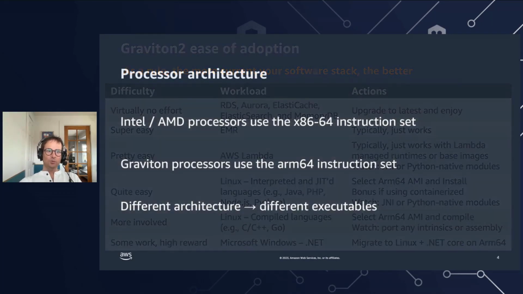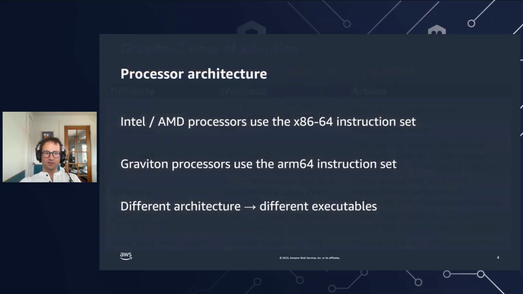Before I explain you why, let's take another step back and talk about processor architecture. You've probably been using Intel or AMD processors for like the last 15, maybe 20 years. Those processors do use the x86 and the 64-bit version of it, the x86 instruction set.